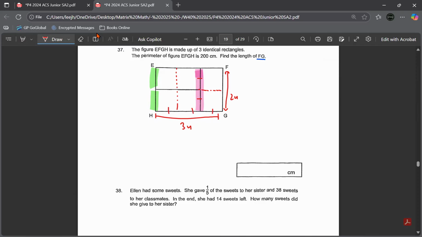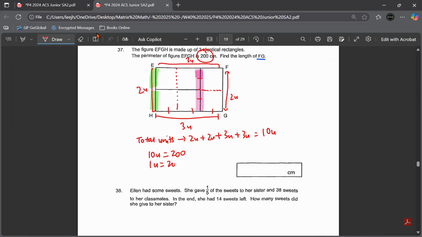The perimeter is 200. So the total units: this is also 2U, and this whole thing is 3U. So total units is 2 plus 2 plus 3 plus 3, which is 6, 7, 8, 9, 10 units. 10 units is a total of 200 cm.